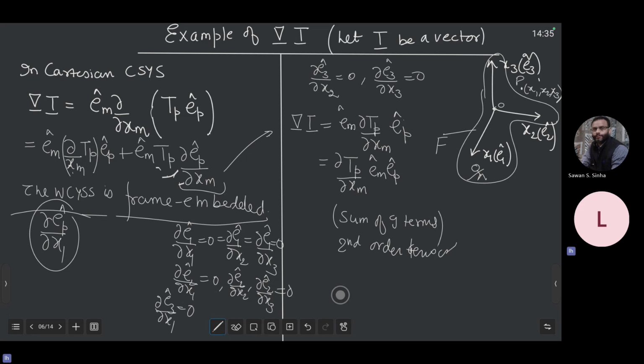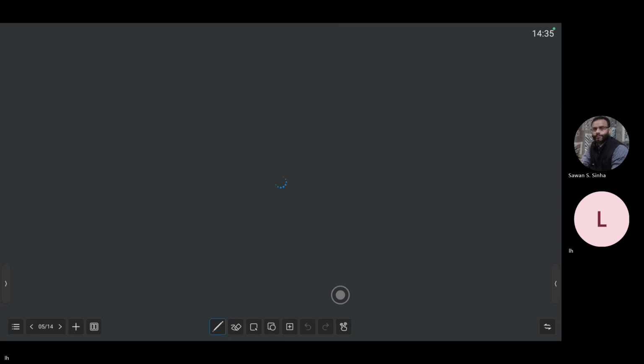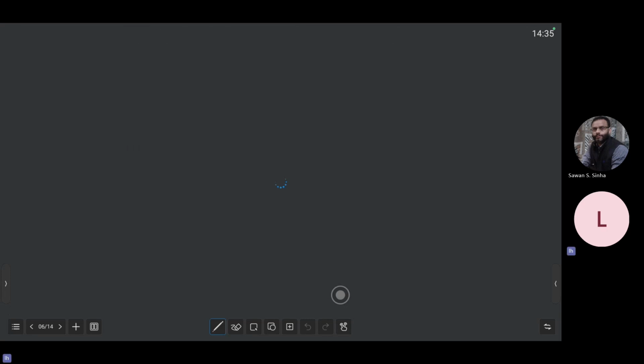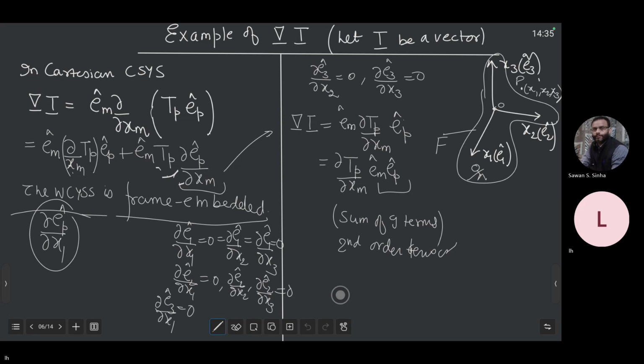Second order tensor because you have a dyad. Okay. Has it followed what I said? Acted on a vector and made it a second order tensor.